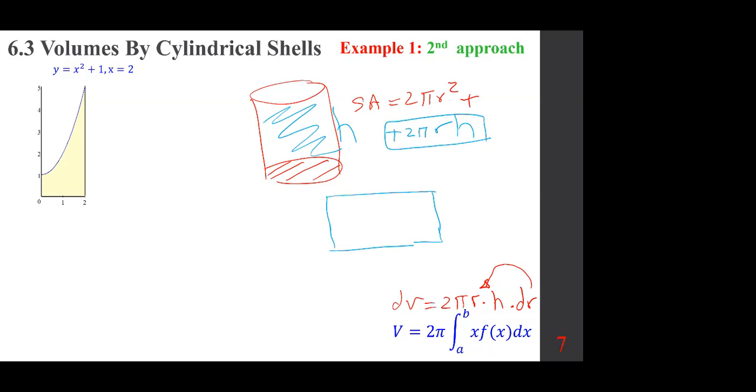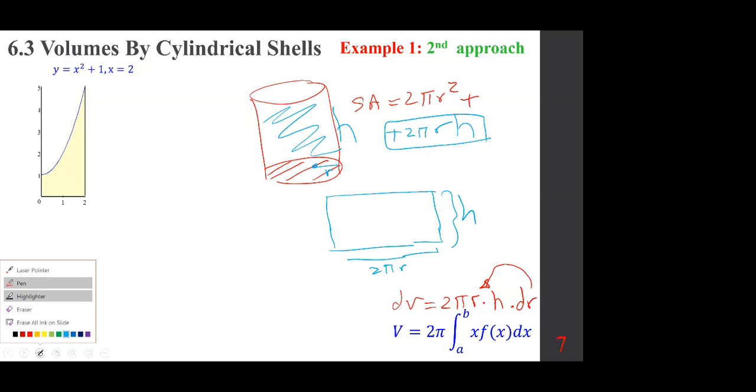This is H, this is R. So this is still H, but this is what? 2 pi R. So if you cut a very, very thin slice, then it has a thickness. And that thickness we're going to call dr, which multiplied by this part creates a volume for that thin piece. Add them up, and it becomes the volume.